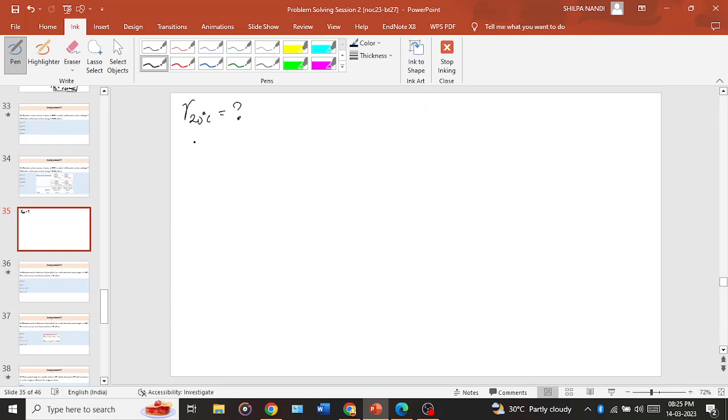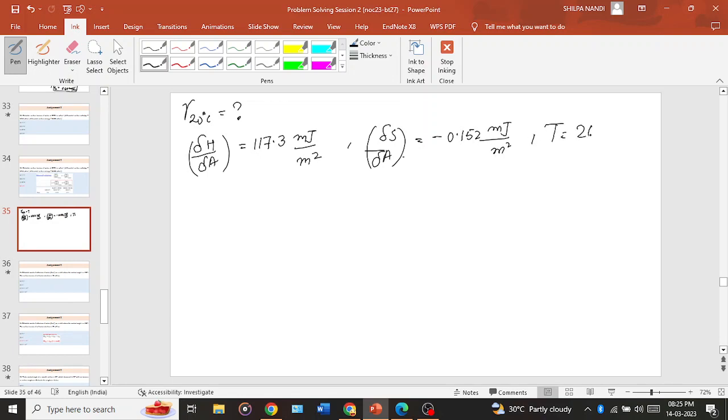From the already given values, we have the surface enthalpy, which we can write as dH by dA, as 117.3 millijoule per meter square, and also we have the entropy, that is dS by dA at constant T, P, N, which is given as minus 0.152 millijoule per meter square, and the temperature we have is 20 degrees centigrade.